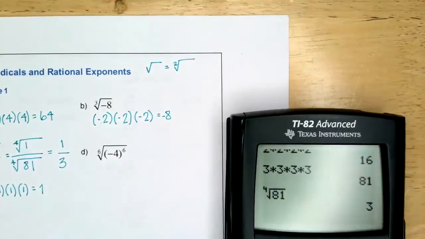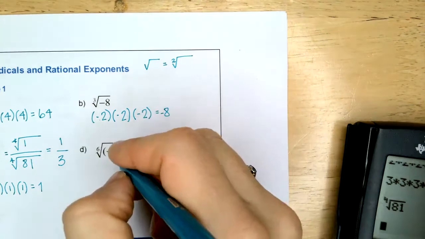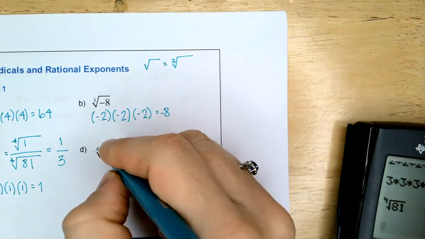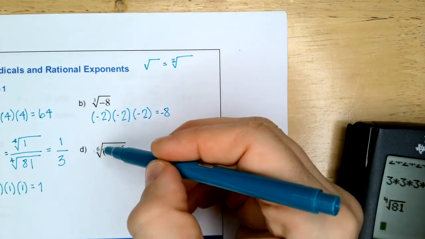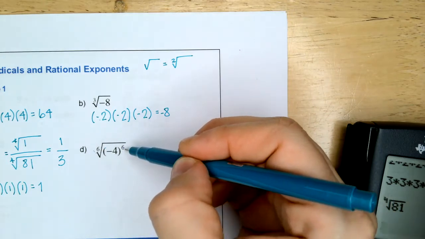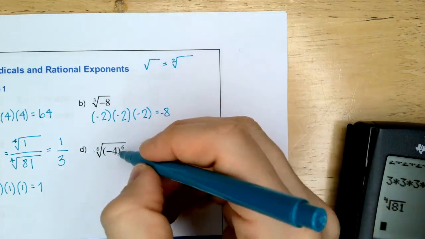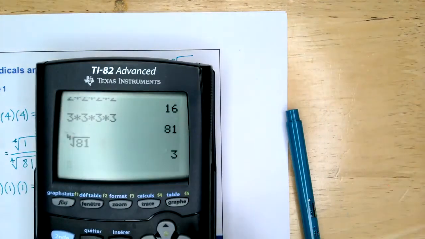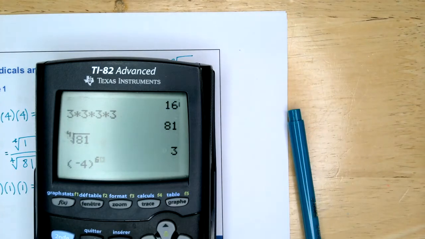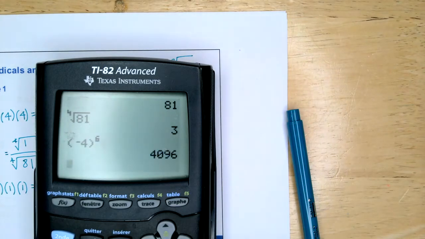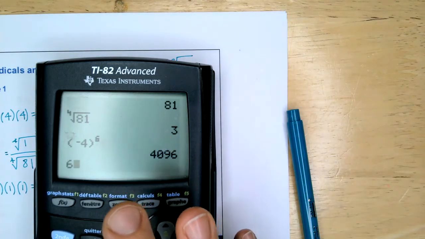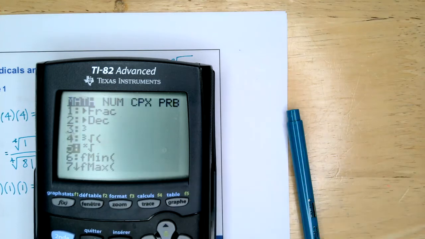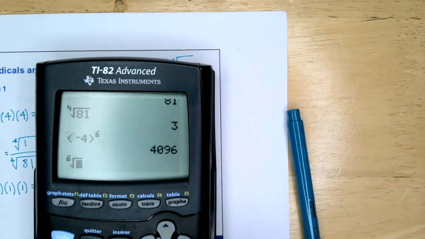Now we have the 6th root of -4 to the 6th. This is an even number, right? And we said we can't have a negative term with an even root, but first we're going to multiply it by itself 6 times. So -4 to the 6th power is a positive number. So that number we can put under the root: 4096.